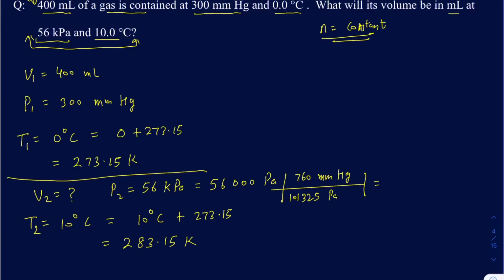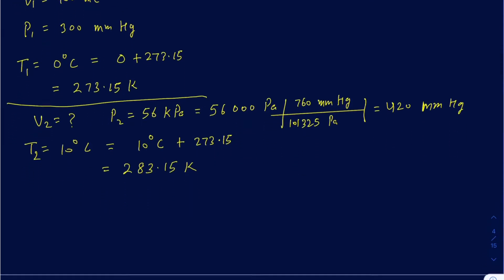When I do this math, I have 56,000 times 760, divide that by 101325, so it comes out to be 420 mm of mercury.